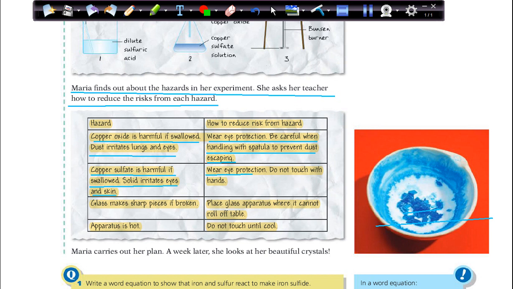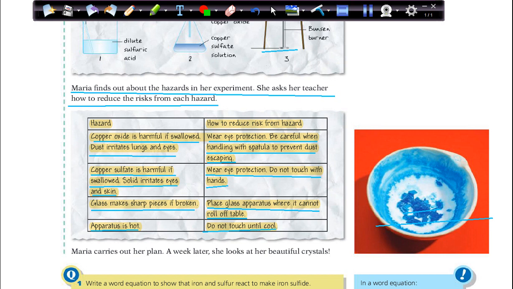So she needs to wear eye protection and not touch with hands. She needs to wear gloves. Glass makes sharp pieces if broken. So she needs to place a glass apparatus where it cannot roll off the table. Also, she said the apparatus is hot because she's using fire here. So she should not touch until it cools down.